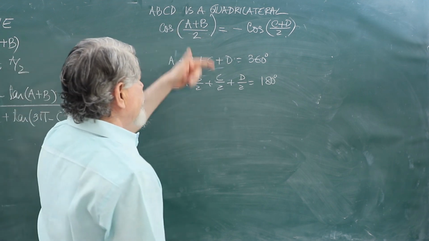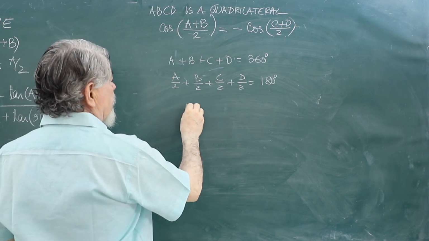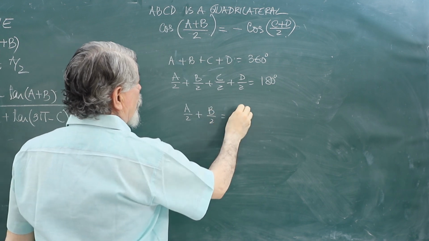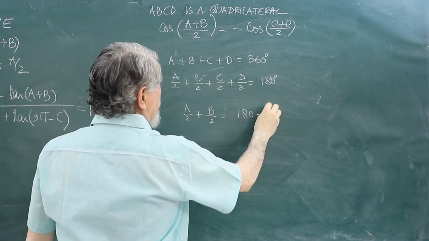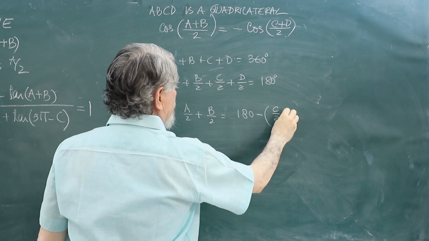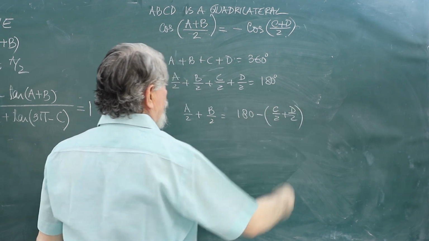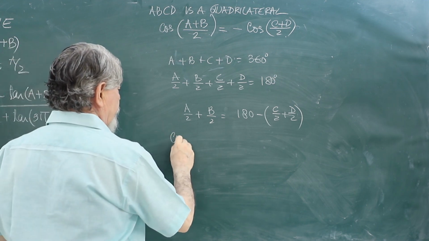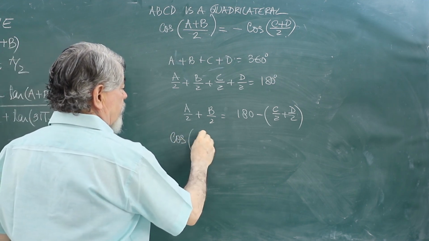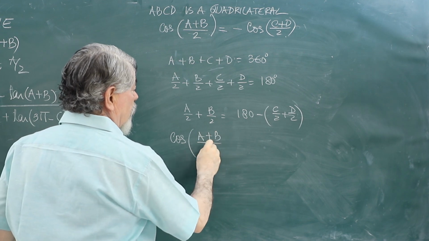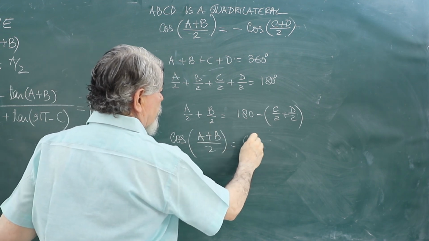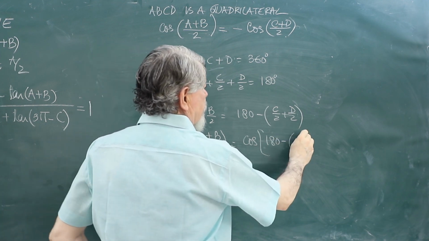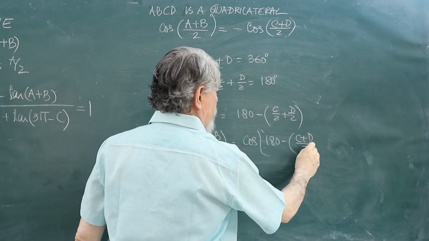Now he wants (A plus B) by 2. So what I'll do is A by 2 plus B by 2 will be equal to 180 minus (C by 2 plus D by 2). And he talks about cos. Cos((A plus B) upon 2) will be equal to cos(180 minus (C plus D) upon 2).